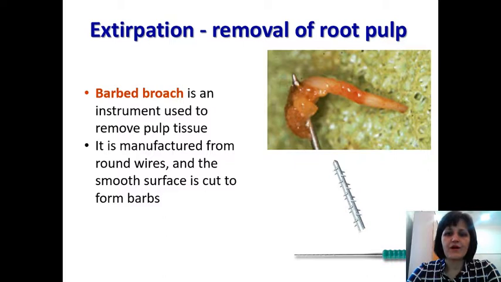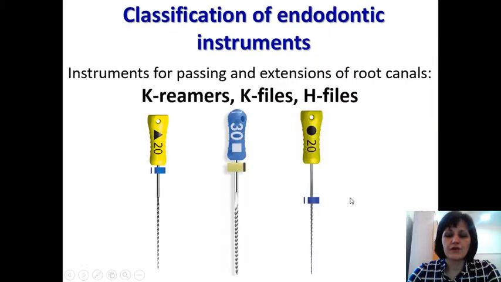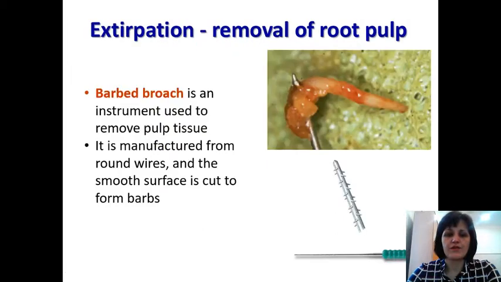The removal of the root pulp is called extirpation. The very special instrument for extirpation is called the barb broach. It is used to remove pulp tissue, and it is manufactured from round wires, and the smooth surface is cut to form special barbs.